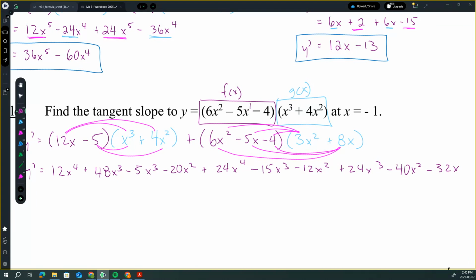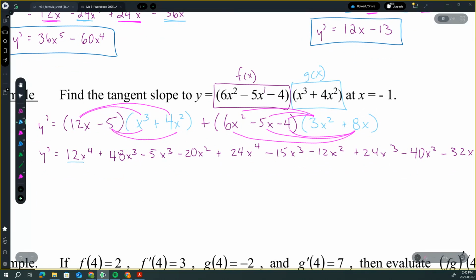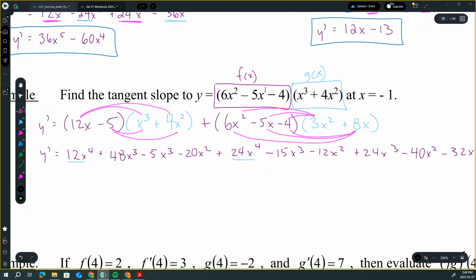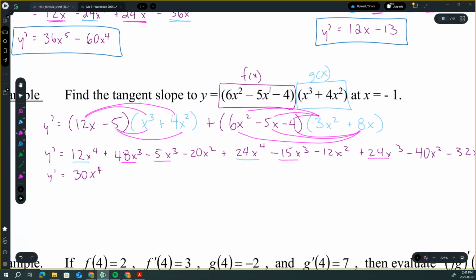And now we combine terms where possible here. So we can combine 12x to the power of 4 with 24x to the power of 4. Looks like that's it for x to the power of 4 terms. So that's going to give us 36x to the power of 4. And then we have our x cubed terms, so 48x cubed minus 5x cubed minus 15x cubed plus 24x cubed.